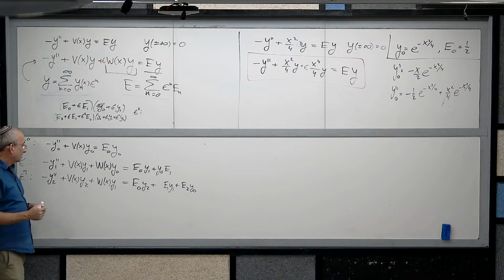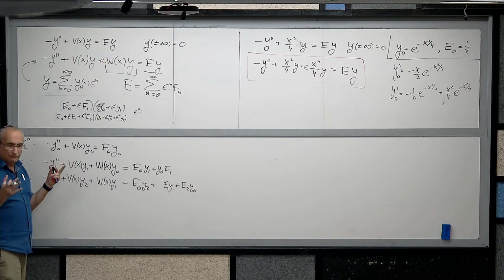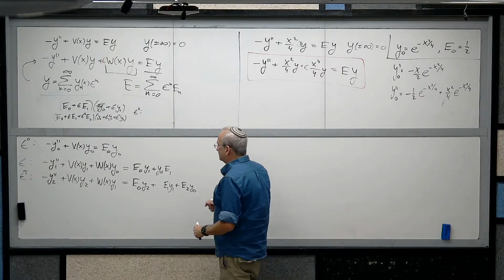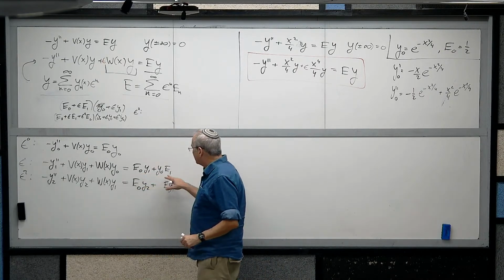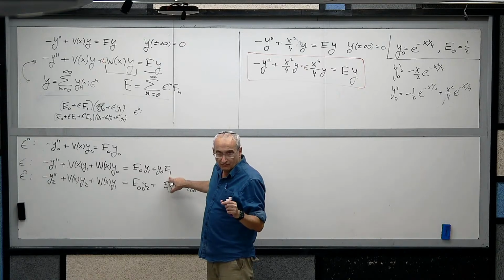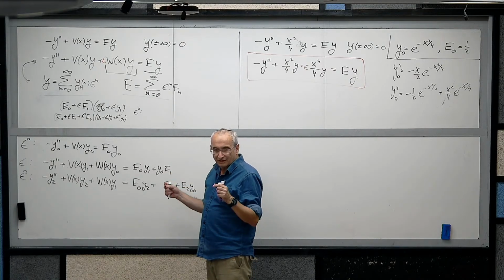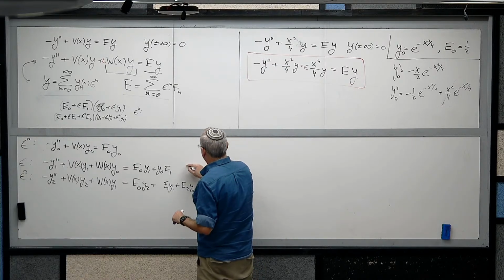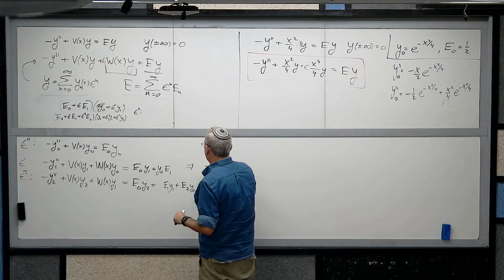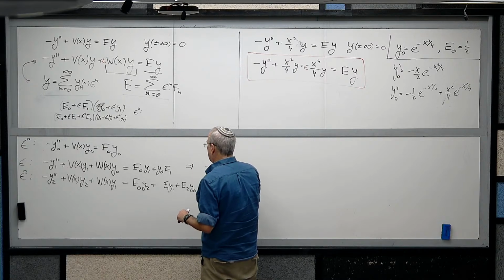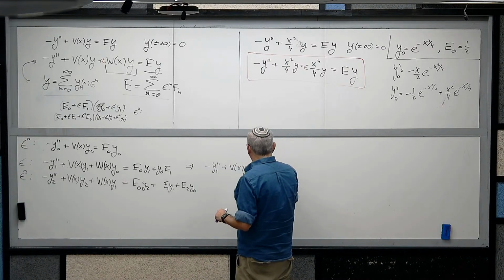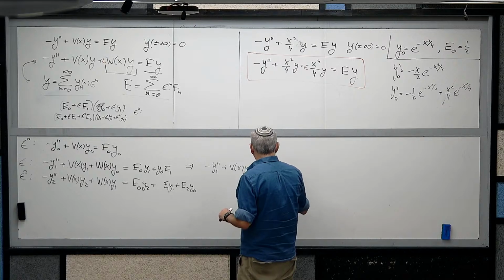So let's look at the first order correction to understand what kind of problem we have, and I would like to isolate what is unknown. I know everything with zero, and I don't know everything that is not zero. So I can write it now as minus y1 double prime plus v of x y1 is equal to minus w of x y naught.